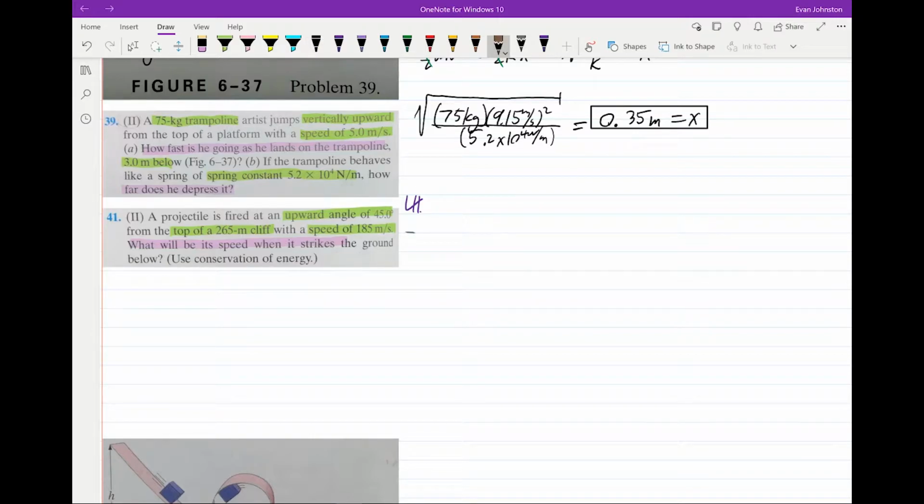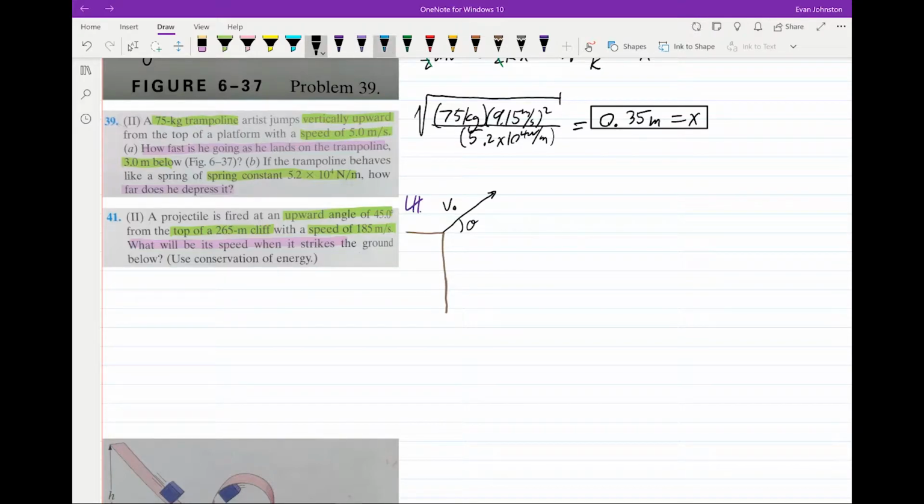So I have this cliff, there it is, and I have this projectile, it's going up at a 45, so that's kind of like right there. And this is the initial velocity, and we know that's this crazy 185 meters per second, really, really fast. And just like we did in Unit 1, I would say that there's some angle here.